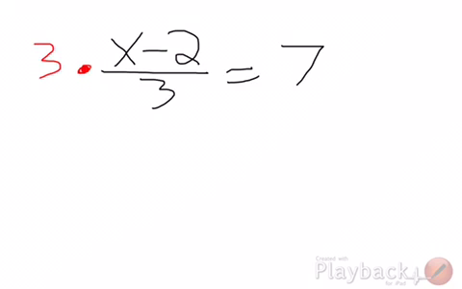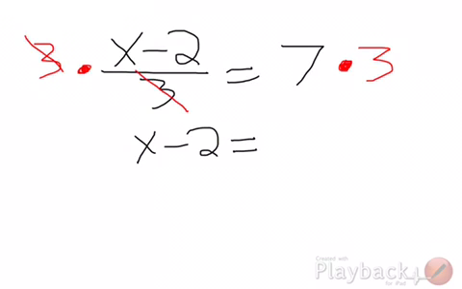And if I have a times 3 and a divide by 3, 3 divided by 3 cancels out to 1, which essentially eliminates it. Just like any other equation that we're trying to solve, what you do to one side, you have to do to the other. So if I multiply by 3 on the left side, I have to multiply by 3 on the right side. And now my new equation is going to be x minus 2 equals 21.